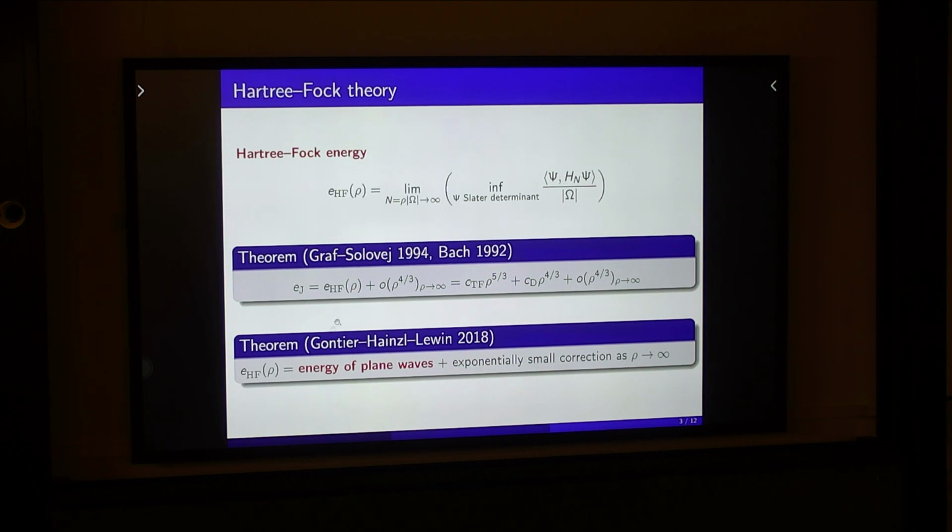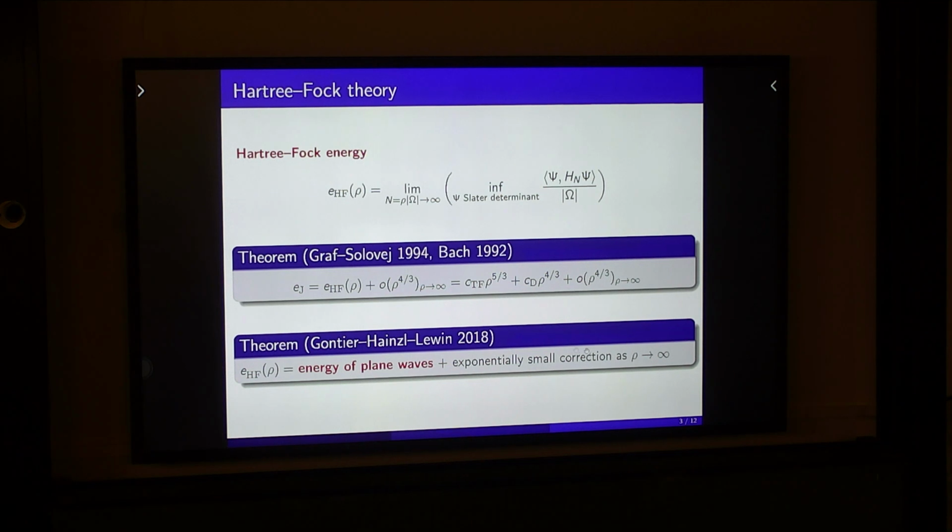in a joint paper with David Gontier and Mathieu Lewin, we actually proved, and I think it came as a little bit of a surprise to us, that the Hartree-Fock energy, when you minimize over any Slater determinant, is basically exactly given by the energy of plane waves, plus some corrections which are exponentially small.